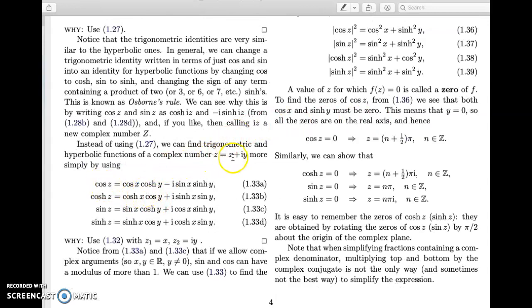So z we're writing as x plus iy. Supposing you want to calculate cos of 1 plus i, well, this gives you the formula directly in terms of trig and hyperbolic functions. You don't have to bother with this exponential stuff. x is 1, y is 1. So the answer is cos 1 cosh 1 minus i sin 1 sinh 1. And you can work out those numbers.